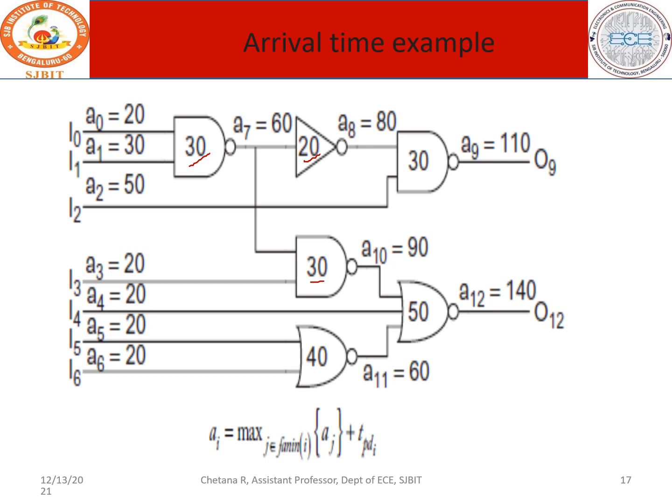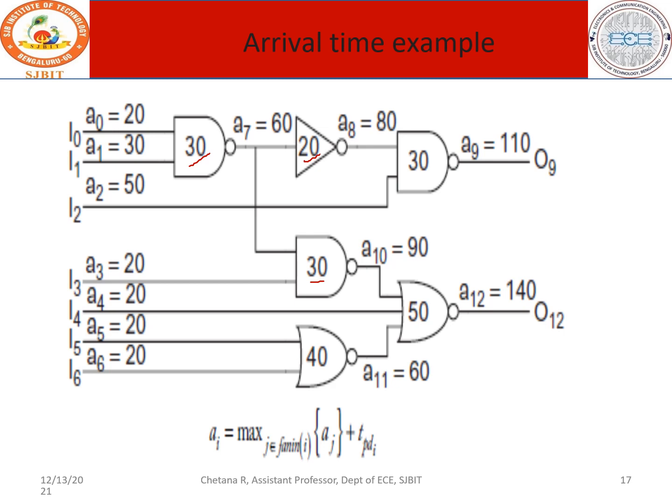Now we will consider the first one, Ai maximum. For this particular A7, how are you getting the output? Aj, what is j? j is the fan-in of this particular gate. How many inputs are there? 2. So the inputs are A0 and A1. Out of these 2 inputs, A0 and A1, which is the maximum?